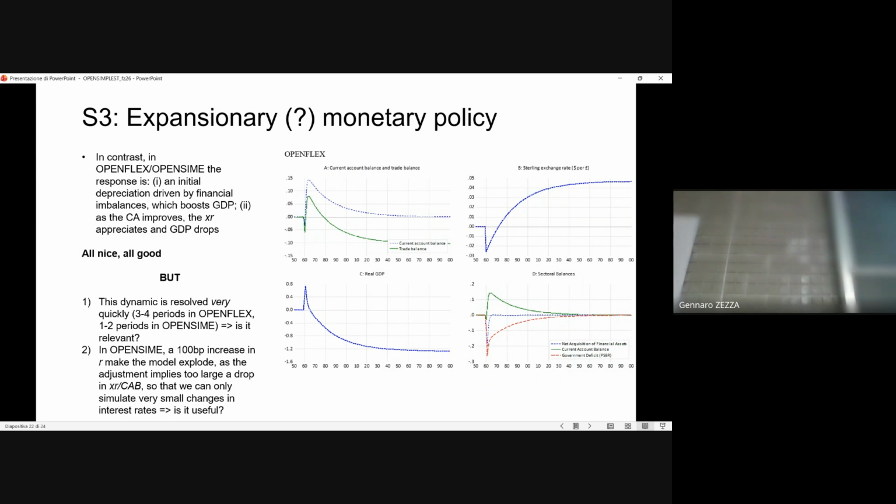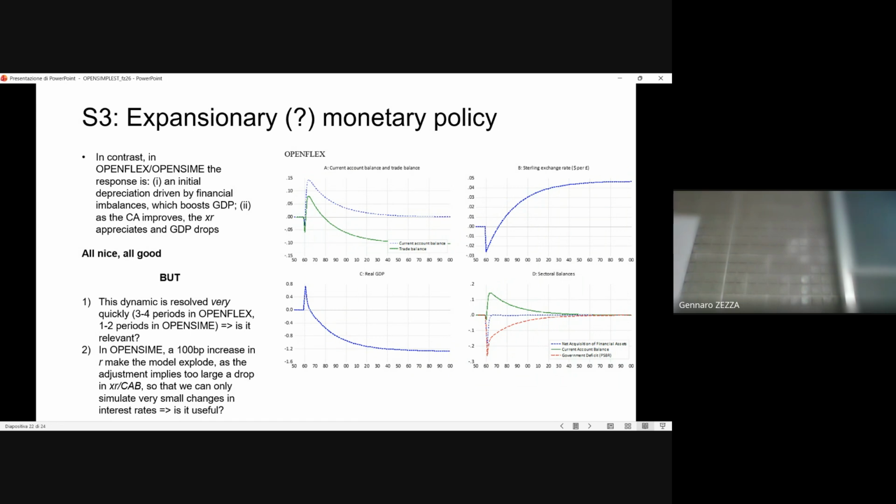This, of course, has an effect on the current account. The current account in the very first period goes down very deeply, then rebounds afterwards. So I do believe in the story that changes in portfolio structure do have an immediate effect on the exchange rate.